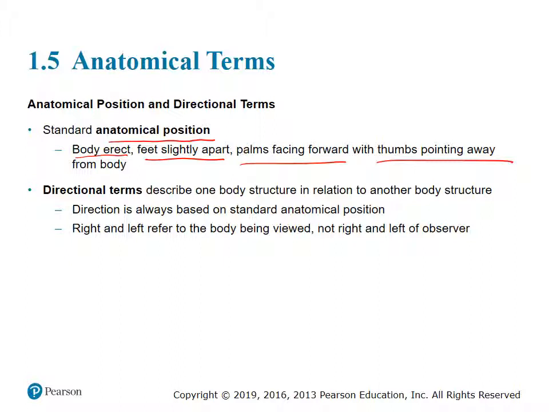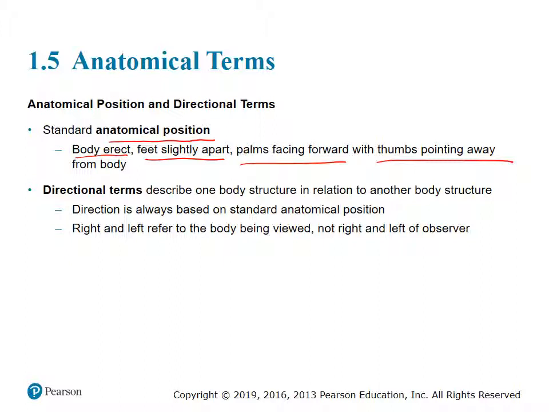Does that make sense? Now, if you were a scientist, and your standard anatomical position was this, and your standard anatomical position was, let's say, this, well then, this could be anterior for you, and that could be posterior for you. So you can see how it can get confused if we don't have a standard. And that's why we have a standard. We call that the anatomical position.